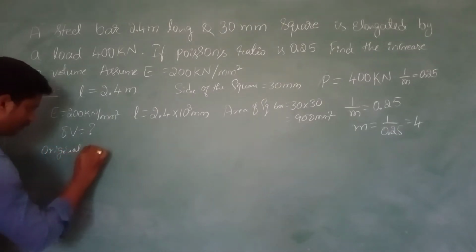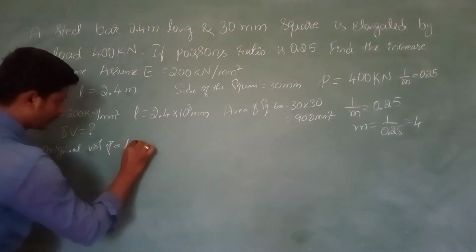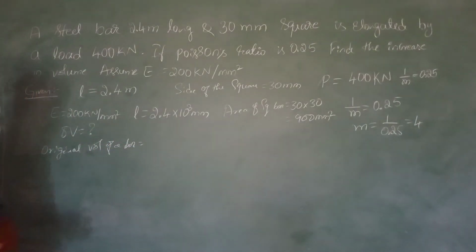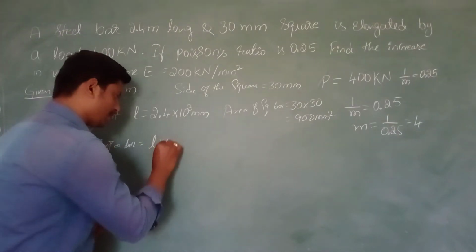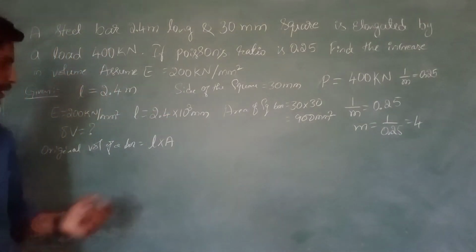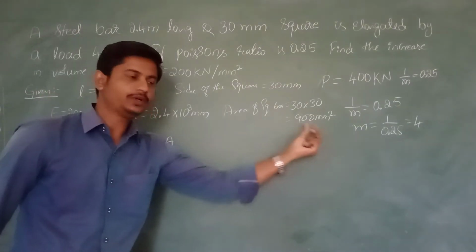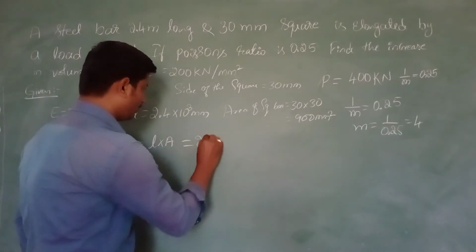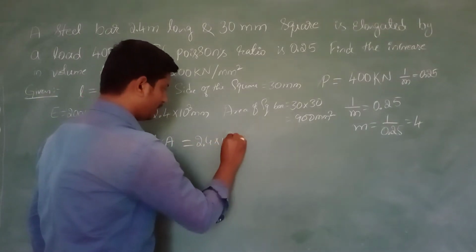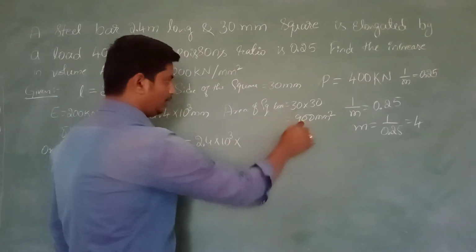Volume is nothing but area into length, L into A. Here we know the value of L and we already found the value of A. So it is 2.4 into 10 to the power of 3 mm into 900.